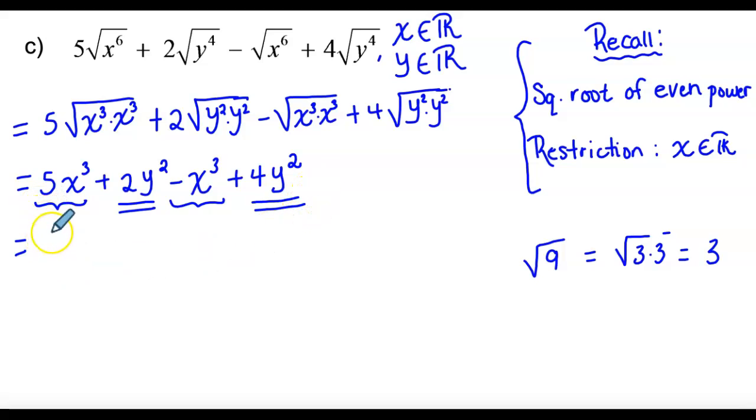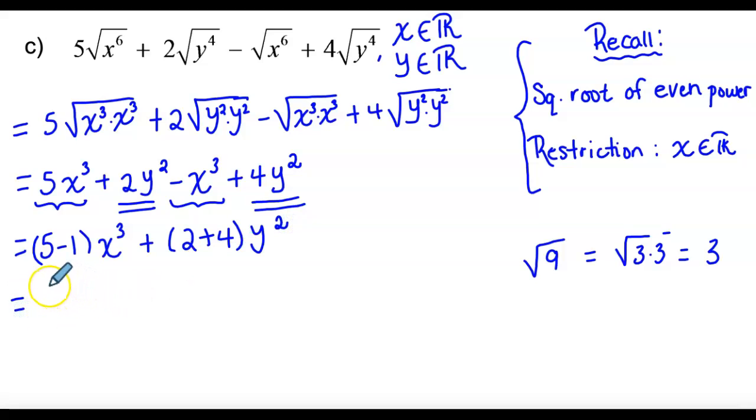In this case, we would have 5 minus 1, times x cubed, and we would have 2 plus 4, times y squared. In our final line, we would write 4x cubed plus 6y squared, and that is our final answer.